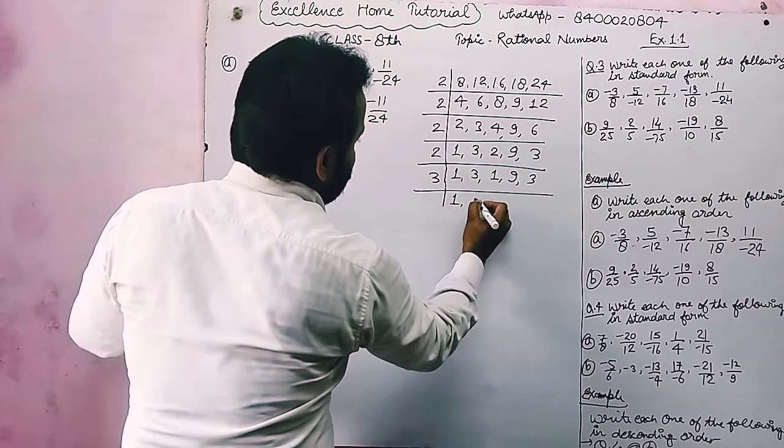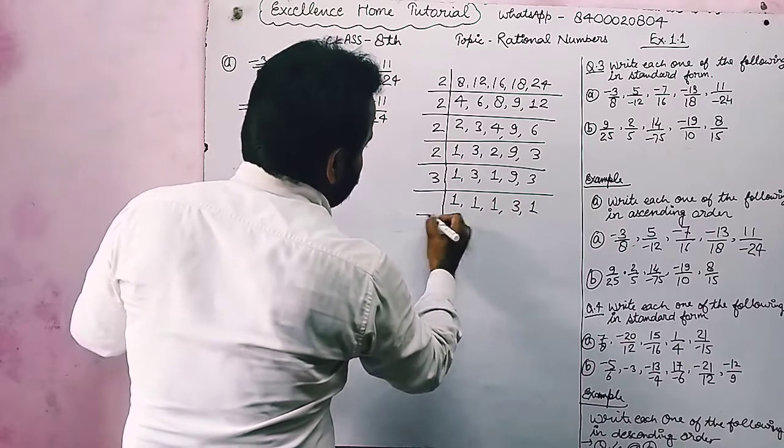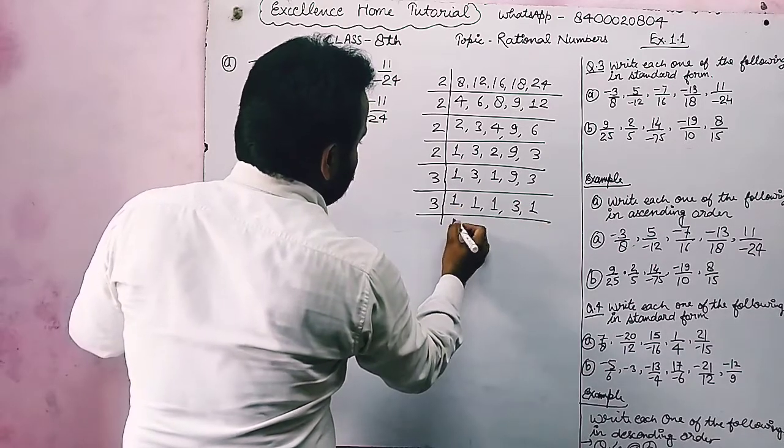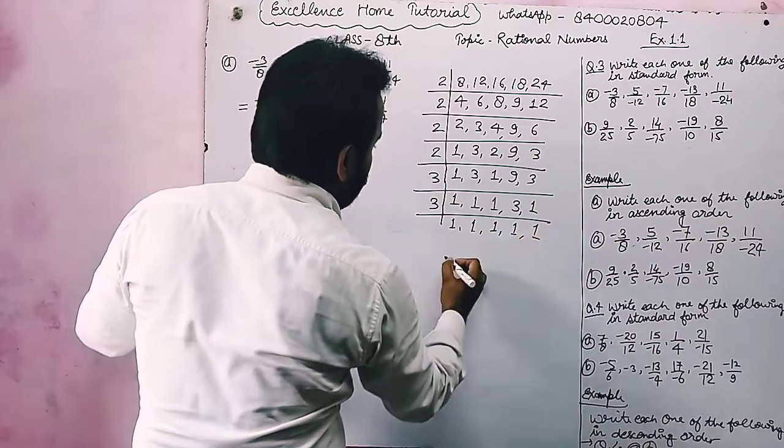Then by 3: 1, 1, 1, 3, 1, and then by 3: 1, 1, 1, 1, 1.